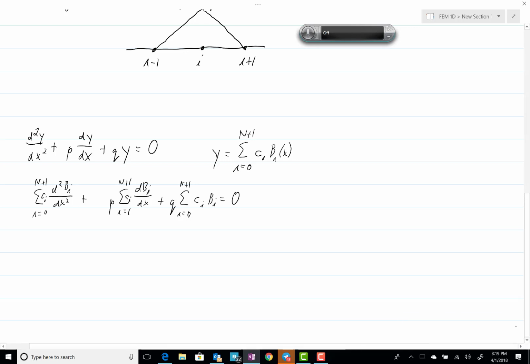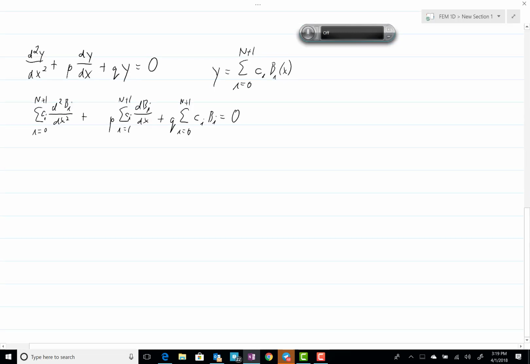So if we look at this for a moment, we can write this a little more compactly in the following way.